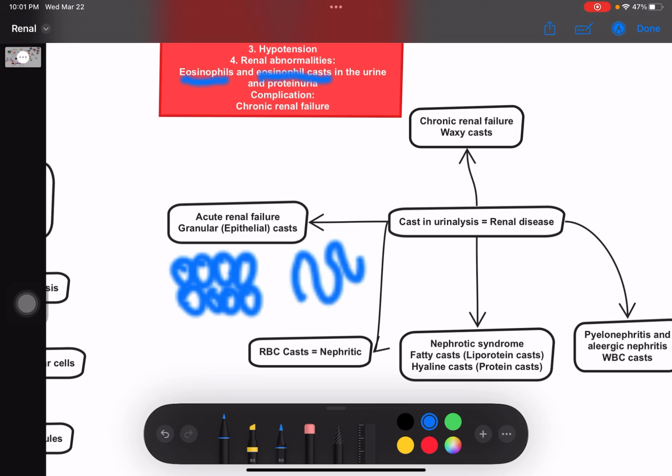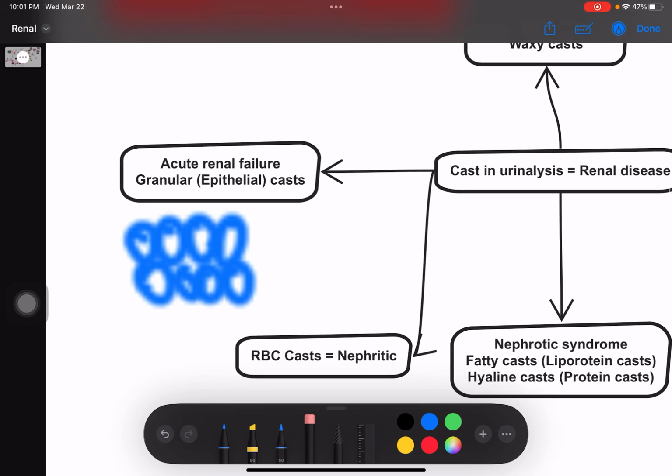Tubular cells are very prone to necrosis. So if there's any problem causing ischemia to the tubular cells, as in acute renal failure, it can lead to necrosis of those epithelial cells, and it will create granular casts, which are epithelial casts in the urine.